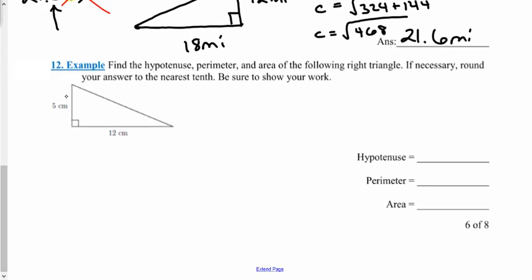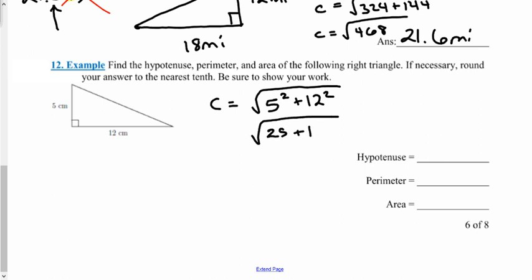Okay. The last one here, I've just got this nice little triangle given, and we want to find the hypotenuse, the perimeter, and the area. This is just kind of summarizing some things that we've already done, finding area of simple shapes like that. So hypotenuse, since we're finding the hypotenuse, we're going to sum the squares. 5 squared plus 12 squared. 5 squared is 25, 12 squared is 144.